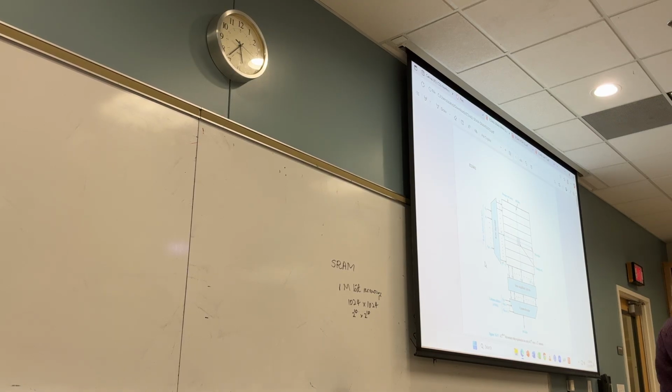If you select the column, which means you are selecting the bit, all the cells on that column will be selected, but only the one whose row is selected, you will be able to write into or read from. Did you get it or not? Which means I need the intersection of a row and a column. That constitutes a cell. Did you get it? Yeah.